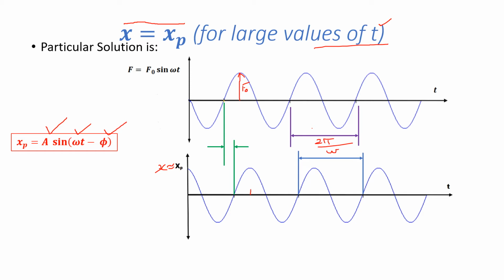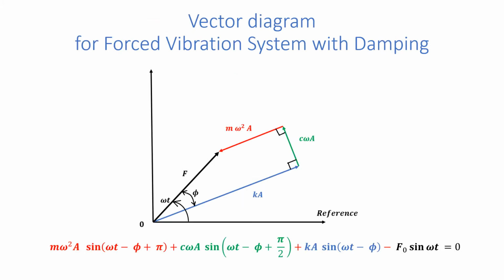Only thing is we calculate this is the amplitude and this is the phase difference phi by which the system is lagging behind this, and time period for both the cases is same because now the system is under forced vibration and it is vibrating with the same frequency of excitation. We have drawn vector diagram.